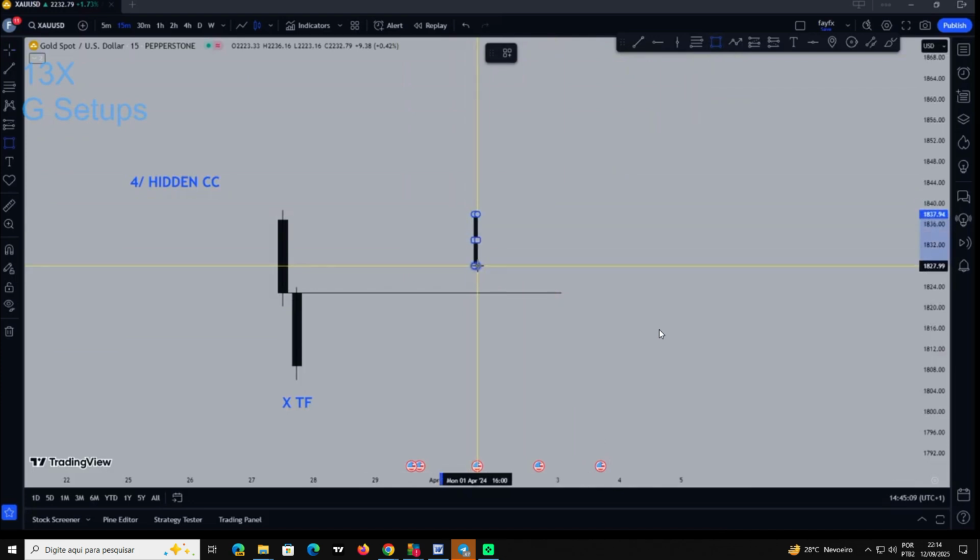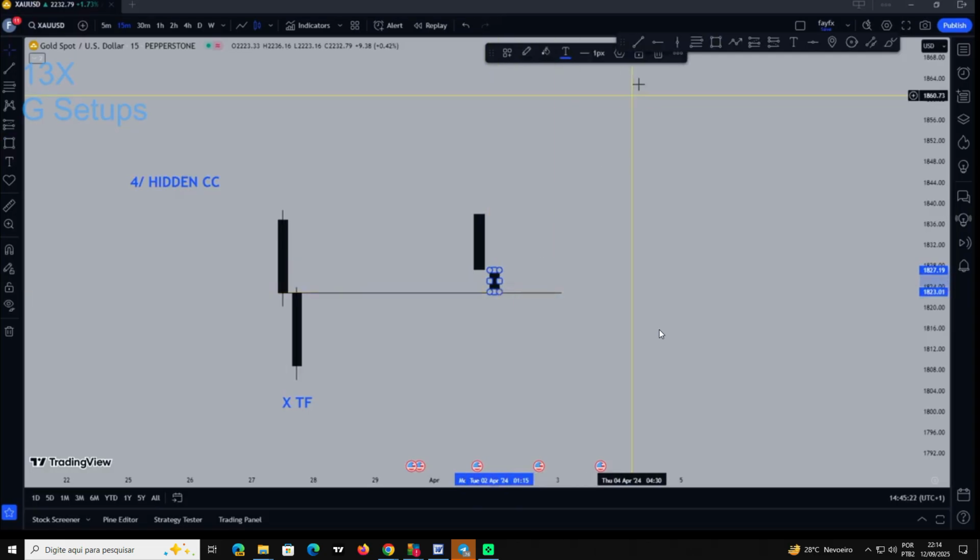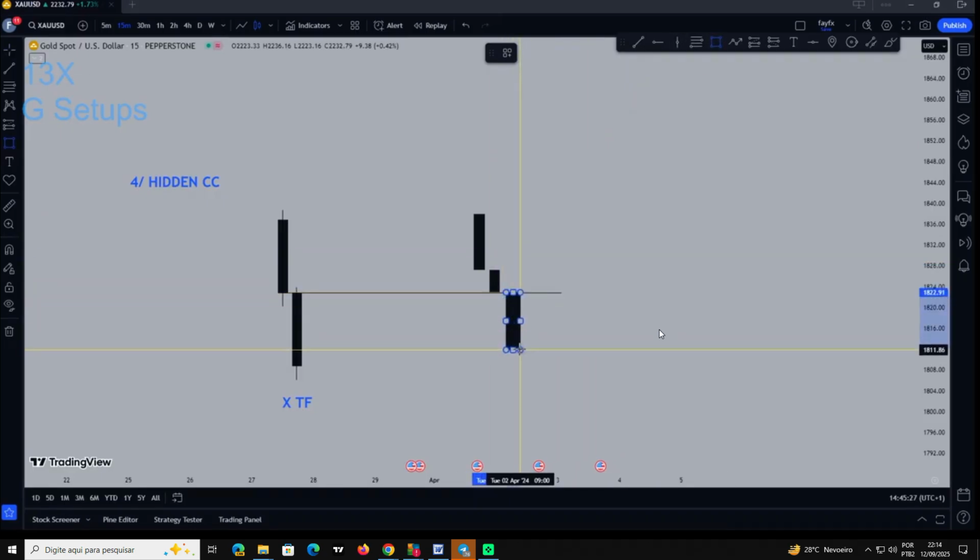We are going to find the same thing, a fresh gap on lower time frame.